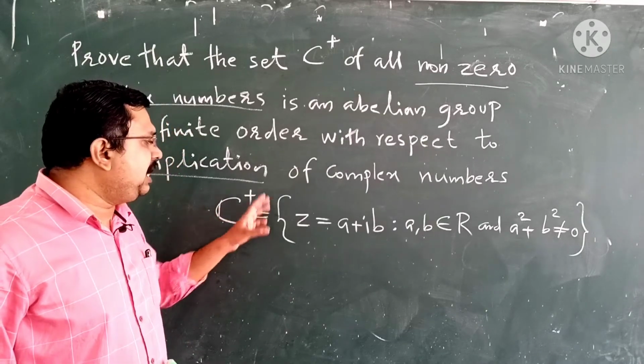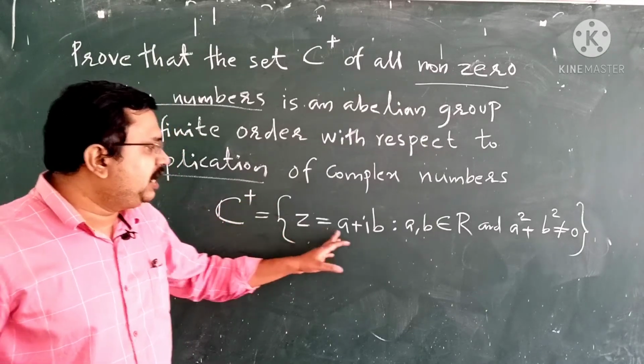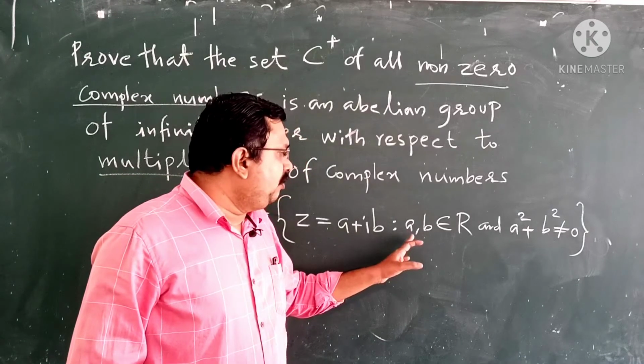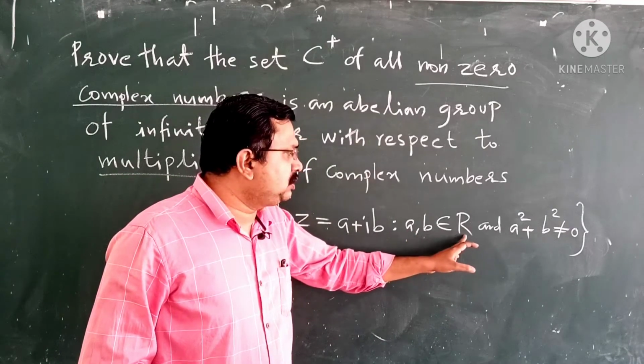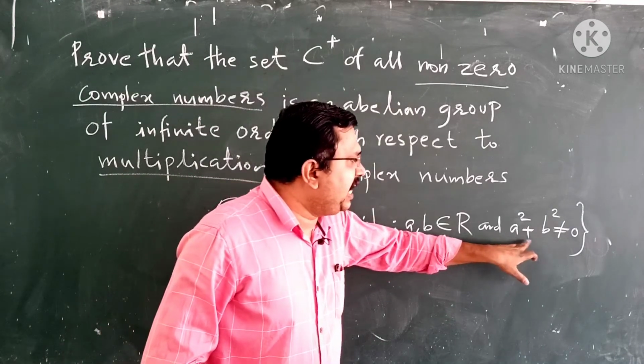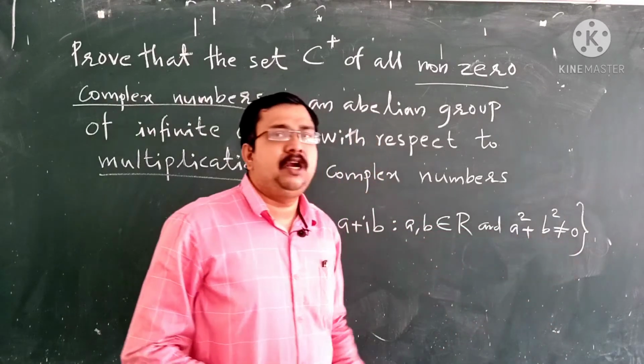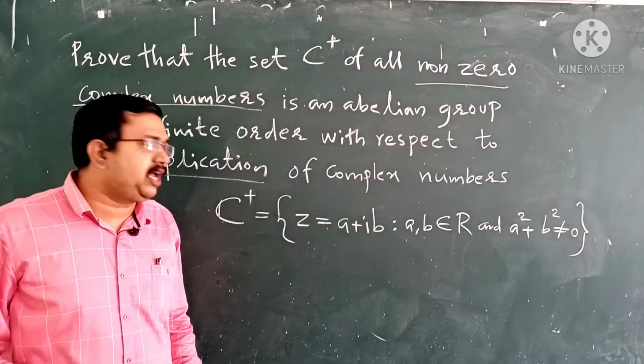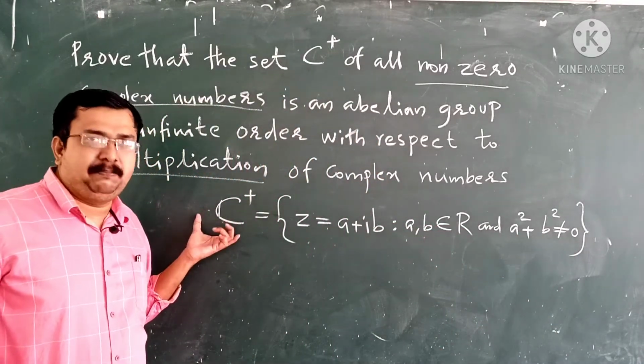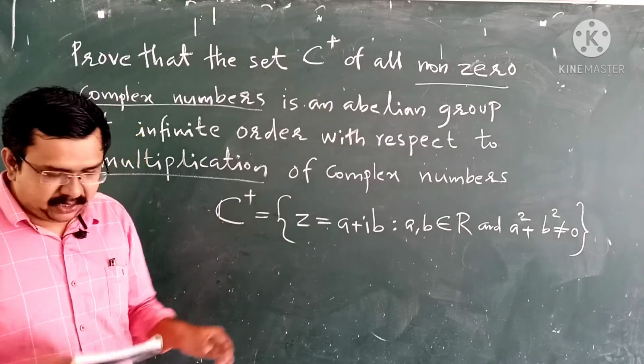C plus is the set of all Z equal to A plus IB, such that A, B belong to R, the set of real numbers, and A square plus B square not equal to 0. First we define C plus as this.